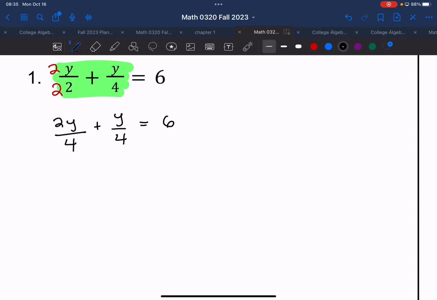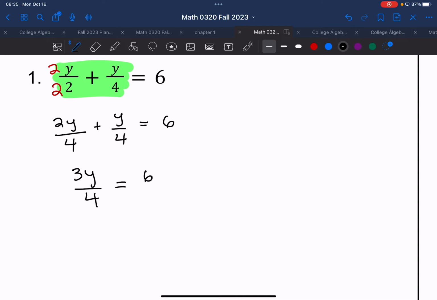Add them. So I have 2y plus y, which gives me 3y. Remember, it's only y squared if we do y times y. This is y plus y, so that's why we got 3y over 4 is equal to 6.